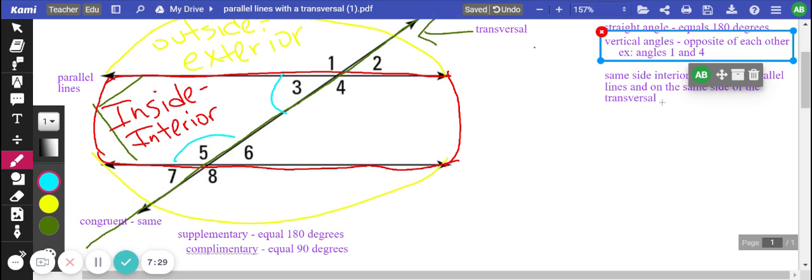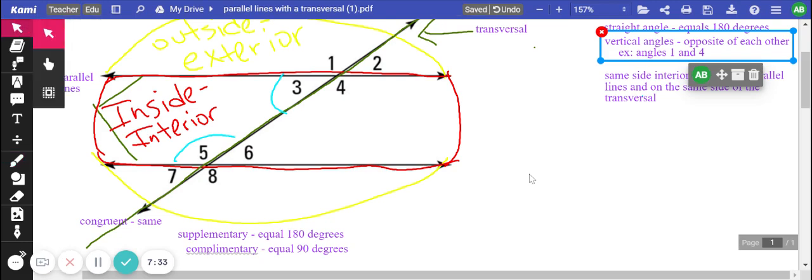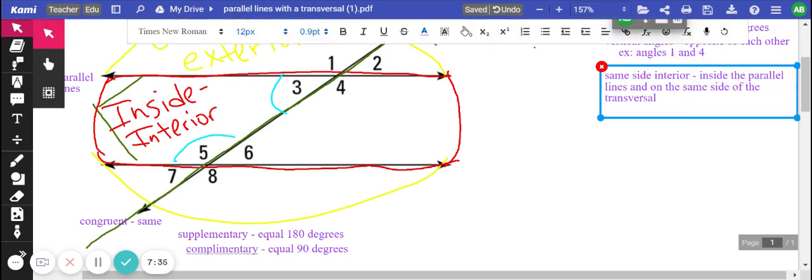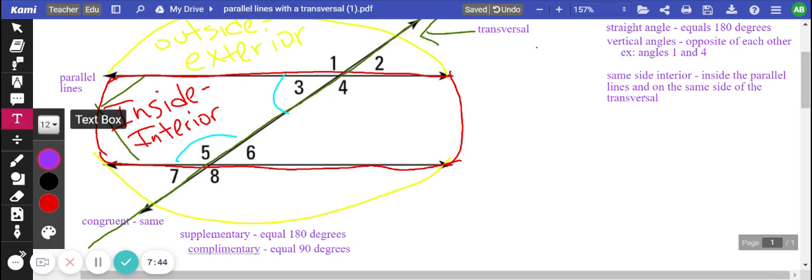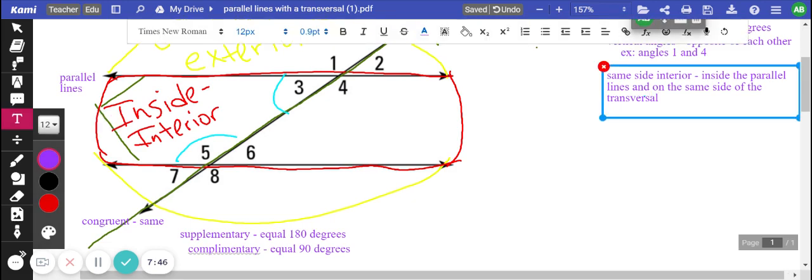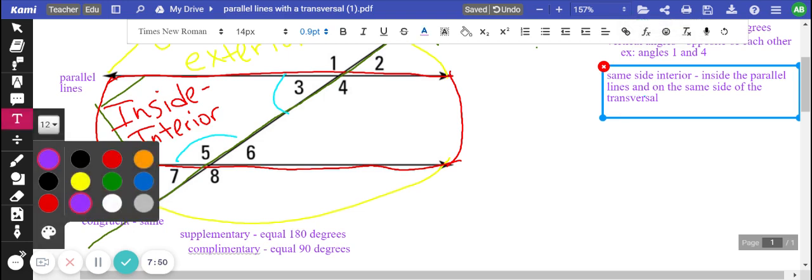Those are same side interior angles. So an example would be angles 3 and 5.